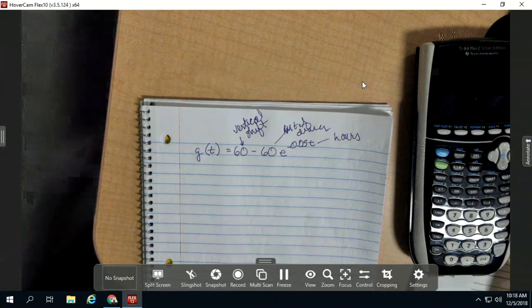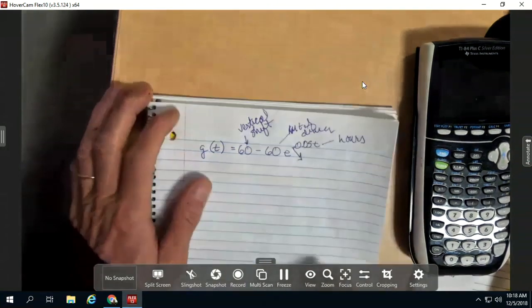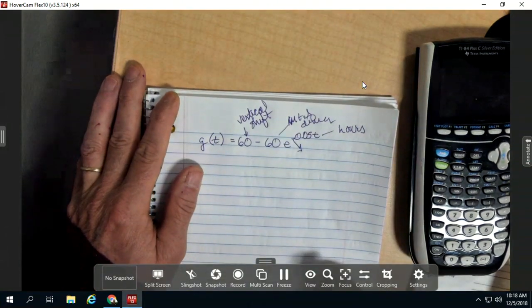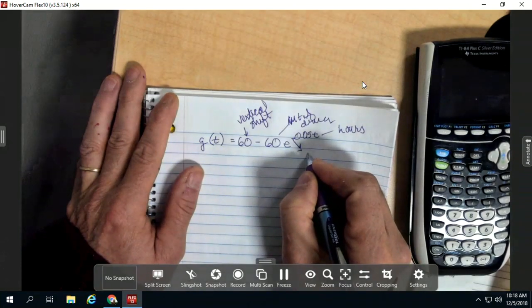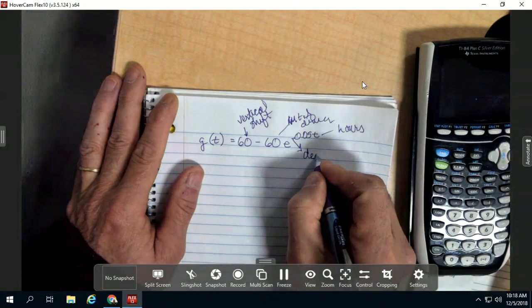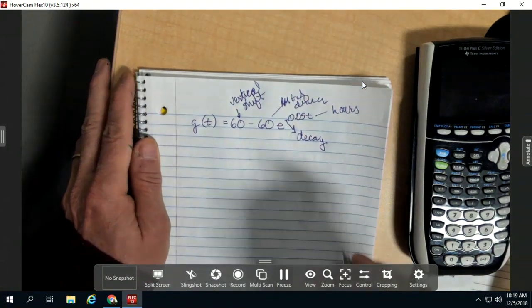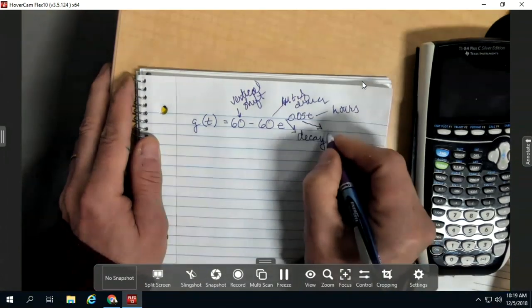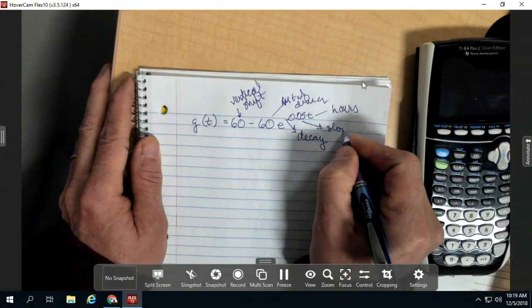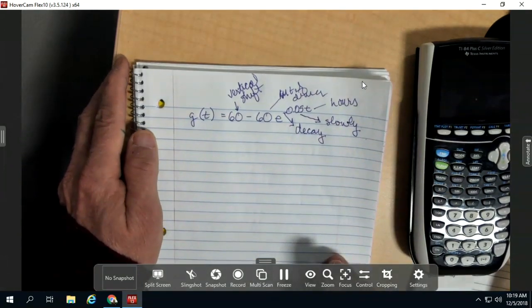So this part here tells us it's negative. There's decay. Very good. It's decreasing. Since this number here is pretty small, it's going down slowly, right?